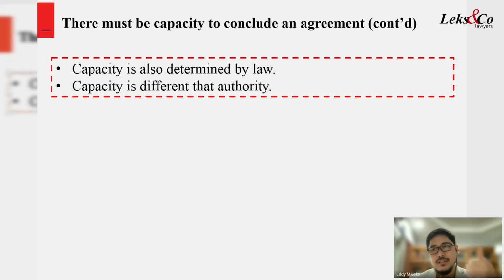So writing and specific matters only. That is considered as power of attorney, ya, surat kuasa. Power of attorney is surat kuasa, ya. That will be considered as power of attorney as long as it is made in writing and for the specific matter only, not for the general matters.